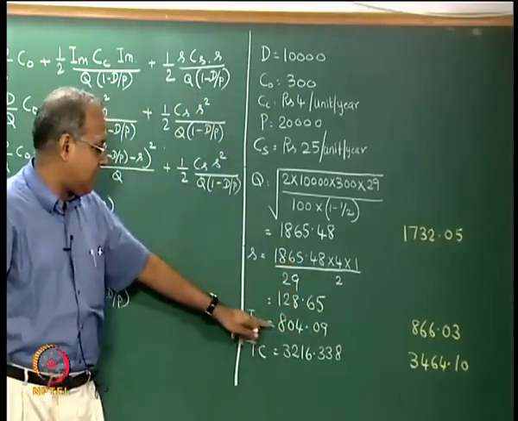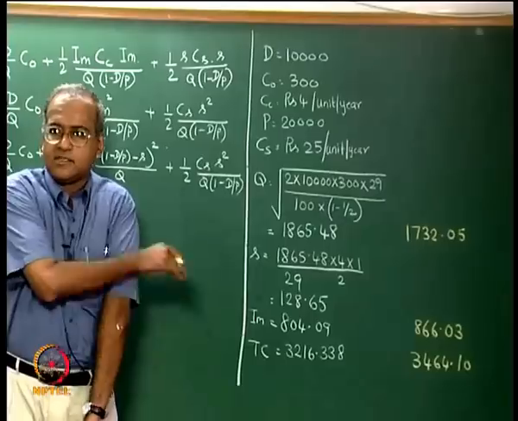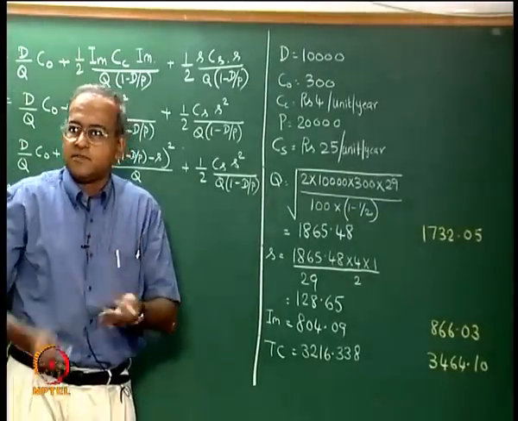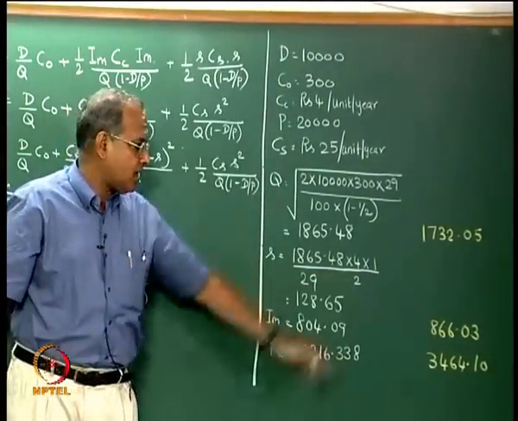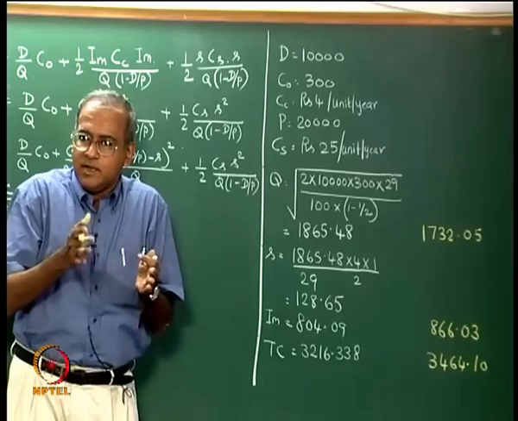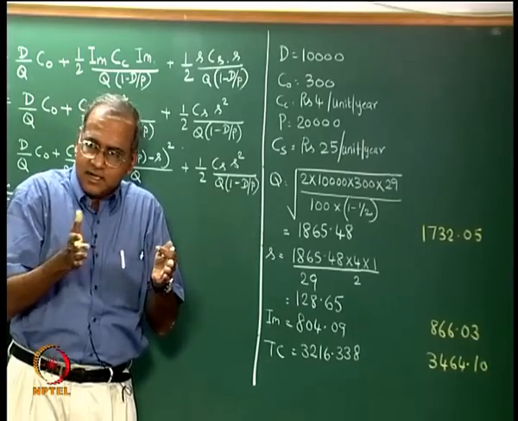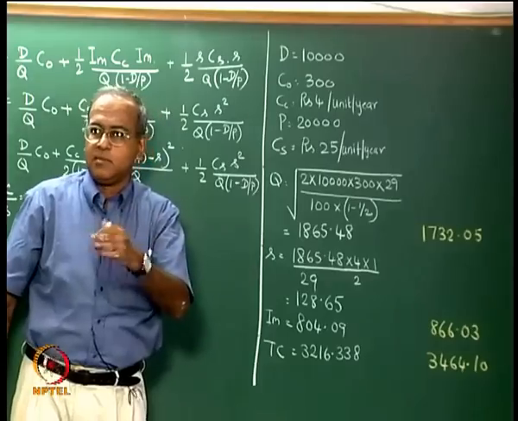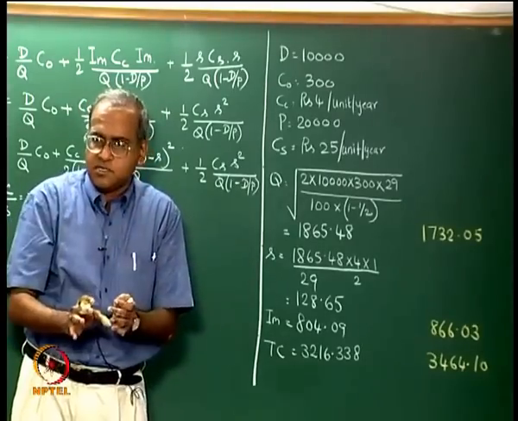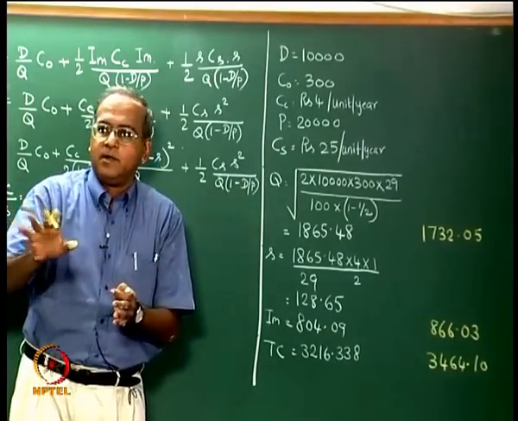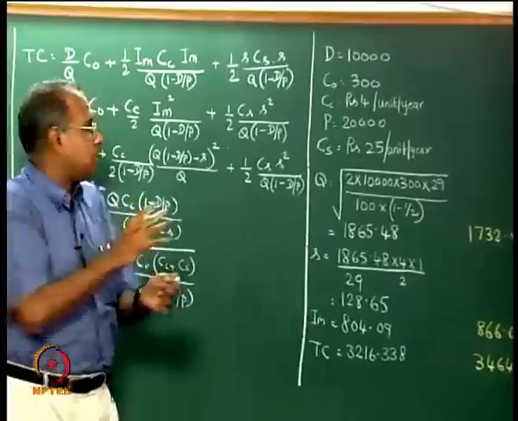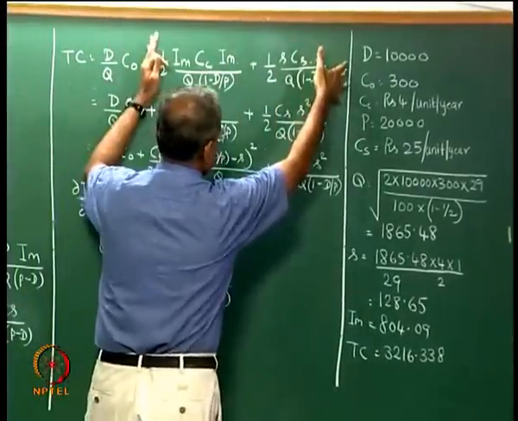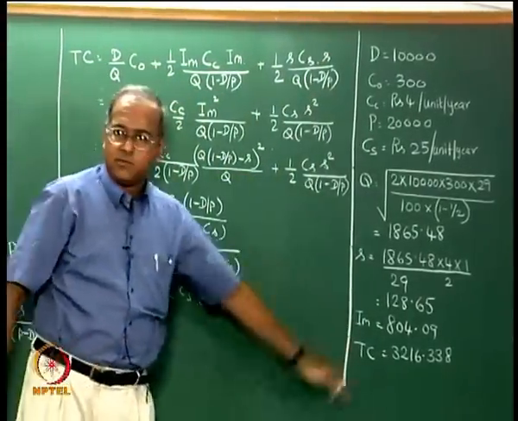The maximum inventory that is there in the system comes down because of the back order, and the total cost comes down because this inventory is essentially held for a slightly shorter period compared to 866.03 being held. So, inventory cost comes down, back order cost goes up, but eventually the order cost balances these two costs and the total cost comes down.